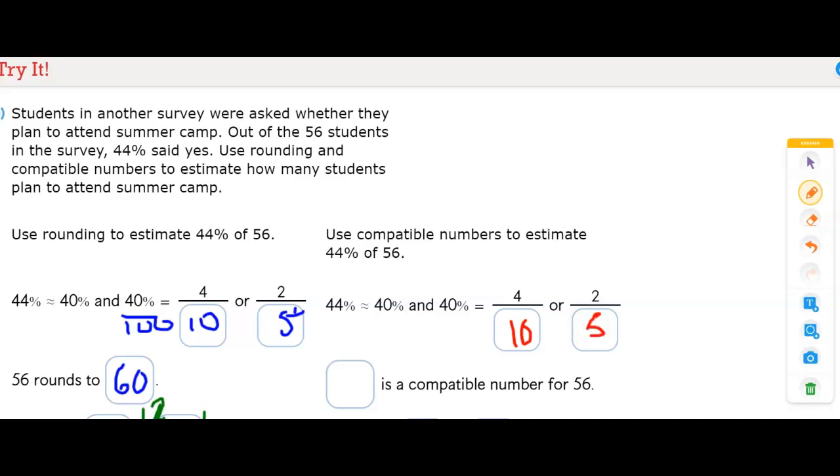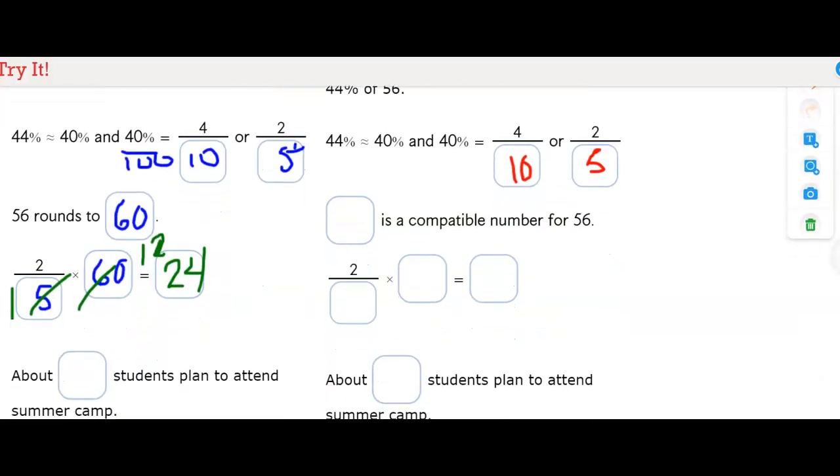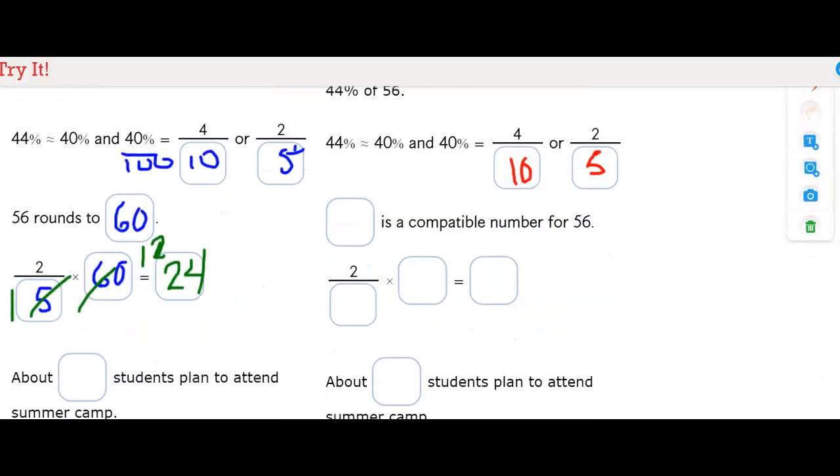Now we have a blank compatible number for 56. That could be, in this case, I would still use 60. So then your answer would actually end up being all the same if you were to use 60, which is what I would do.